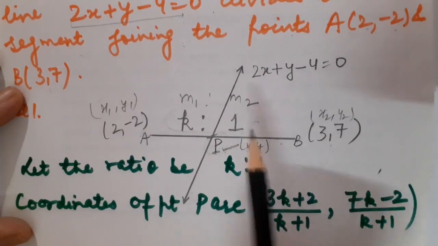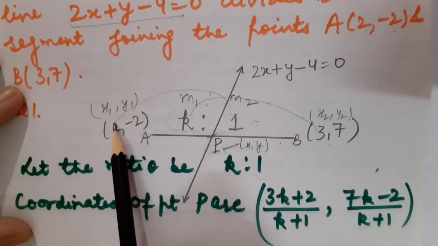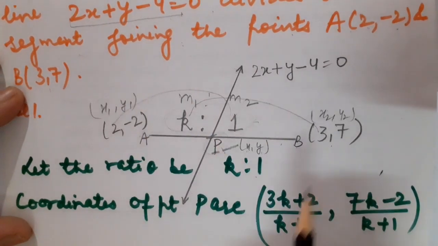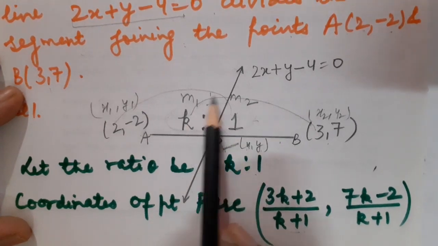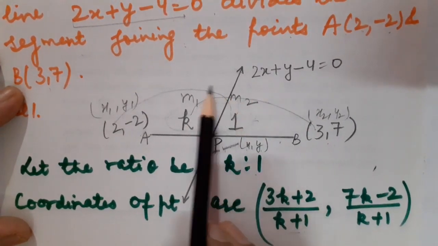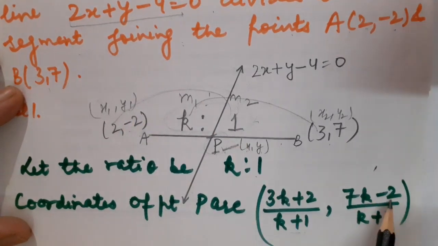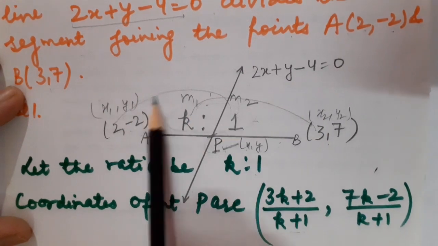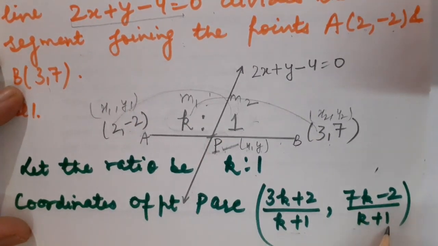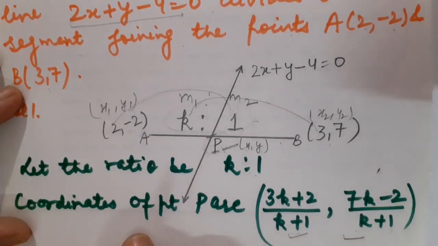So please apply on it. It would be 3K plus 2, because 2 into 1 will give you 2, divided by K plus 1. Then 7K minus 2 into 1, that would give you minus 2 basically. Fine, it would be 7K minus 2 upon K plus 1. Correct? So these are the coordinates of the point of division, that is point P.